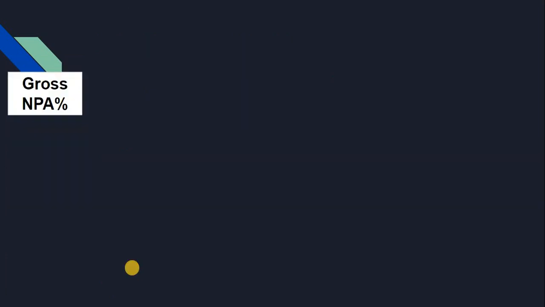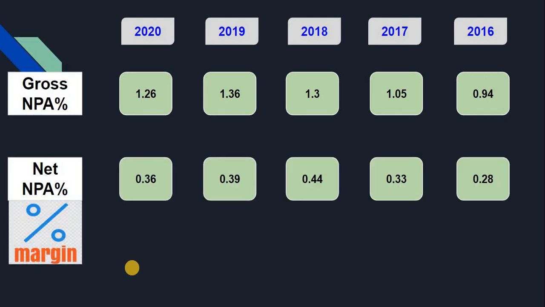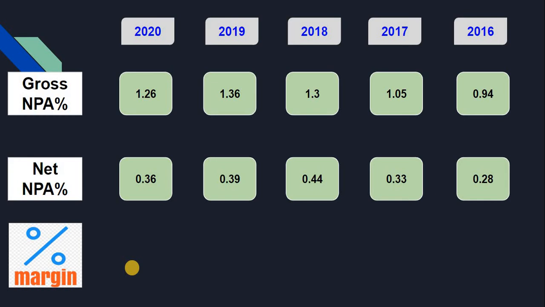Let's go into the fundamental analysis of their financials. The gross NPA is reduced from 2019 to 2020, and the net NPA percentage is around 3.36, and it has been reduced from 2019 to 2020.